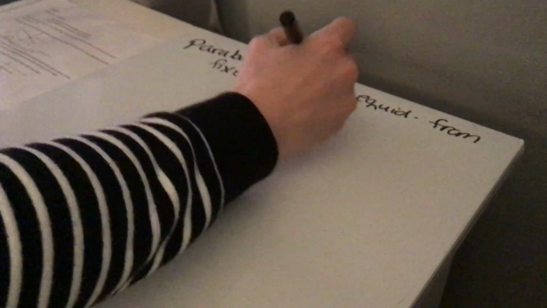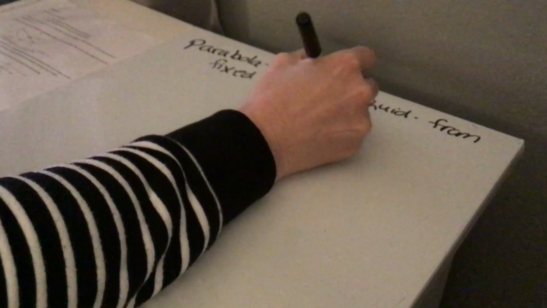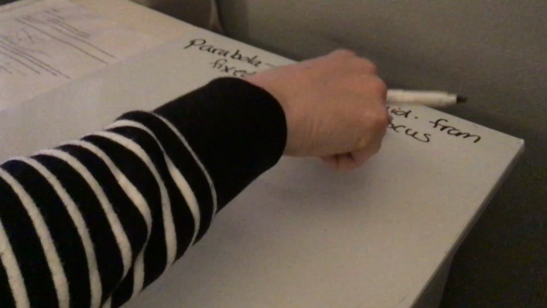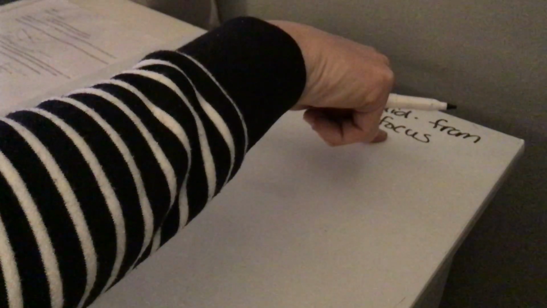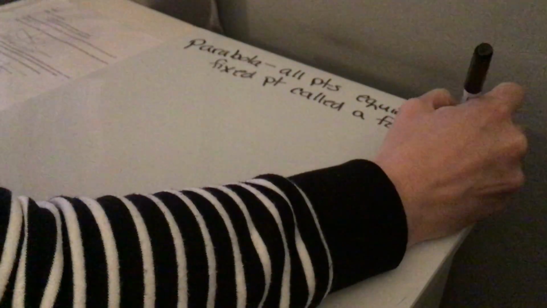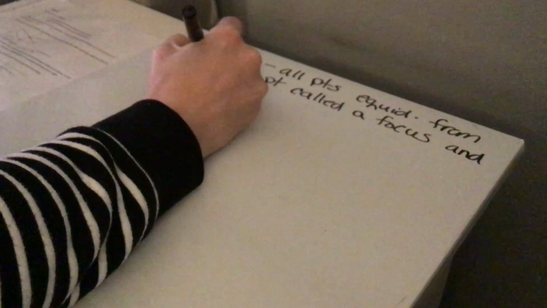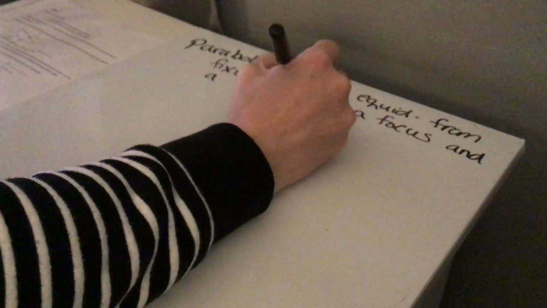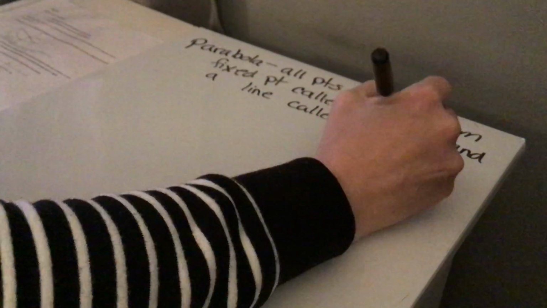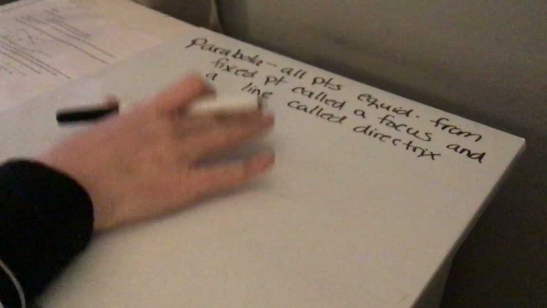And that fixed point is called a focus. With a parabola, you have one, okay? One fixed point. So equidistant from a fixed point called a focus, and a line called a directrix. Okay.